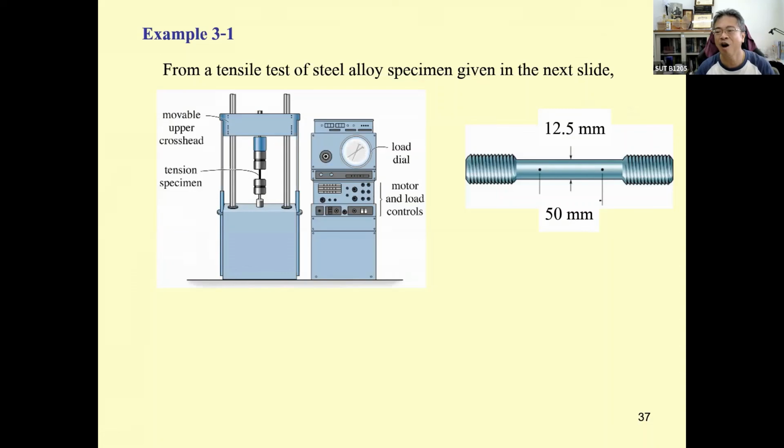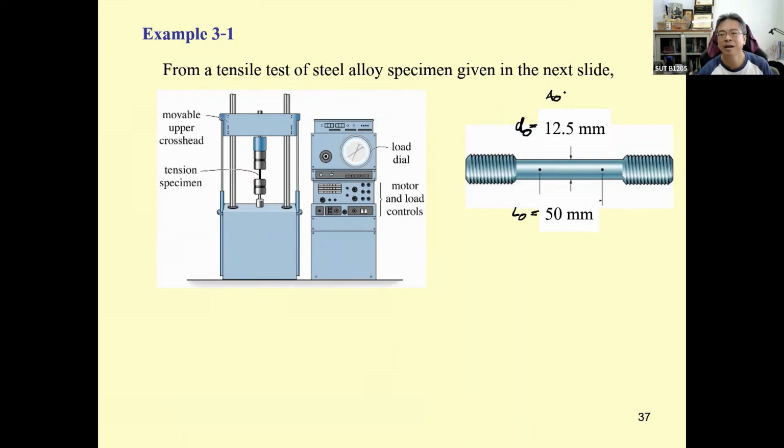There is another example for this. This is also in my textbook, in my lecture note. In this one we have the universal testing machine and the specimen, with an original diameter of 12.5 and an original length of 50 millimeter.